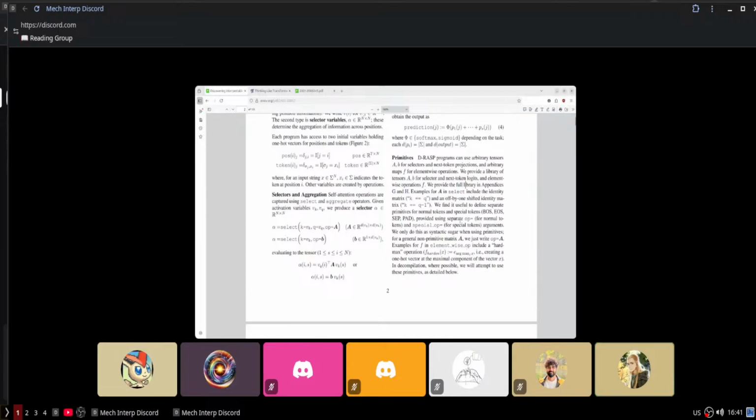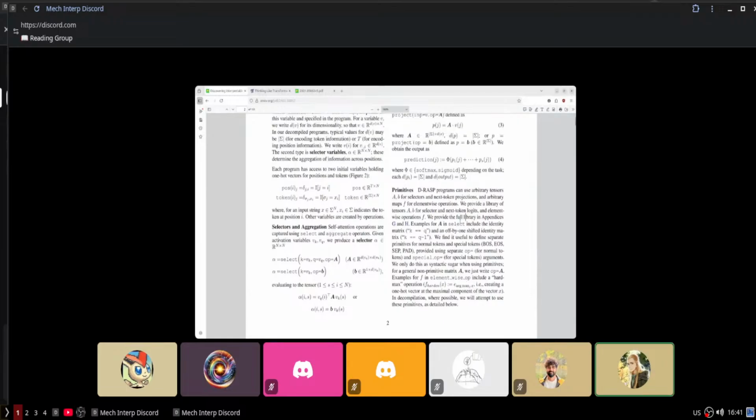A is like some arbitrary matrix, I guess. I mean, this is the same as taking the BQ weights on the transformer circuits mathematical framework paper, right?